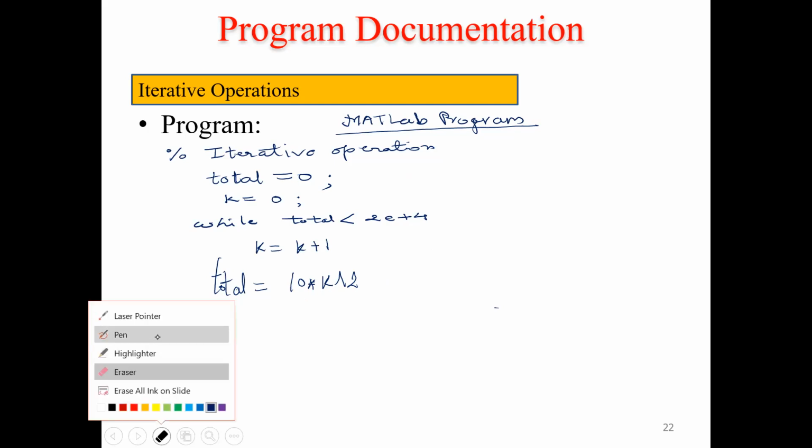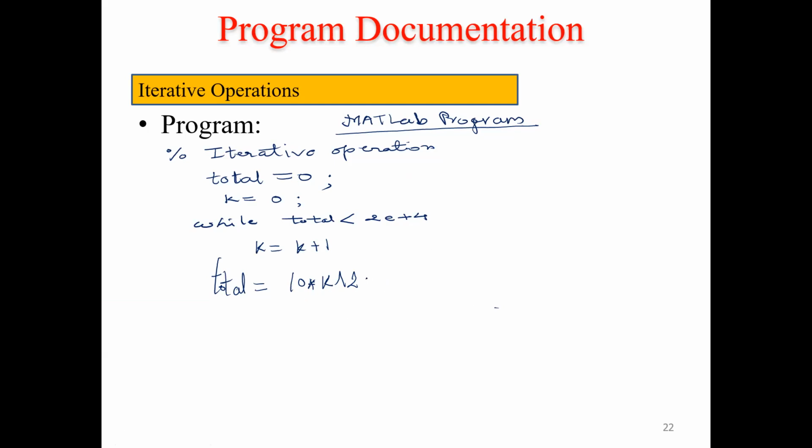Minus 4 star, you have to use the star, k plus 2, plus total. And this condition we check, and once it is reached, it will come out of the loop and then it will display.